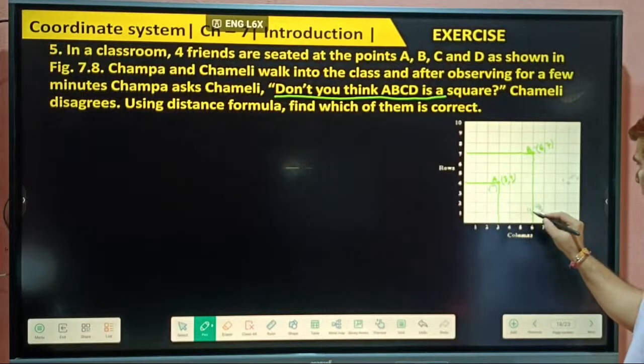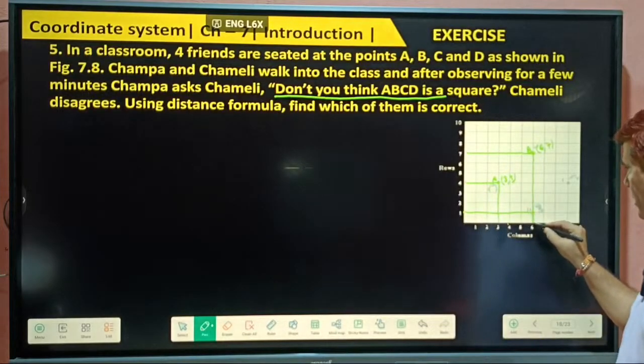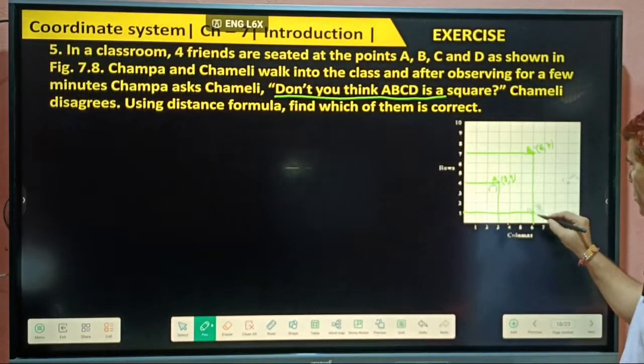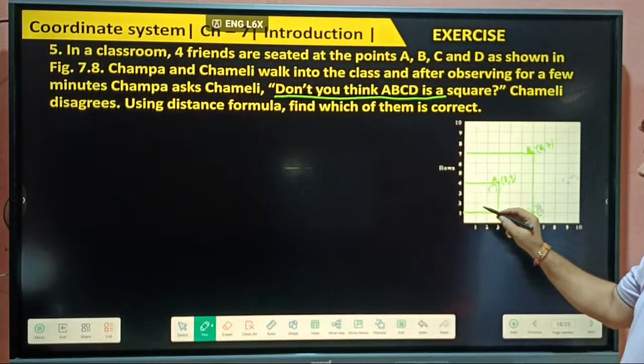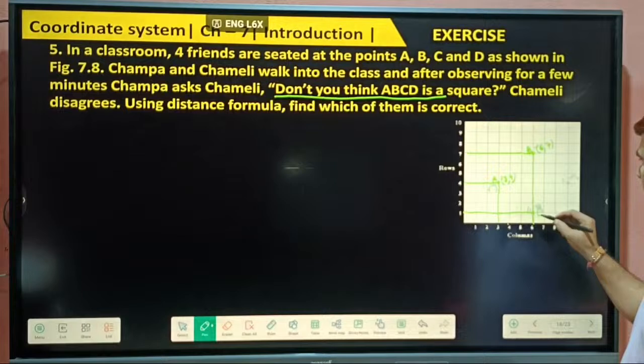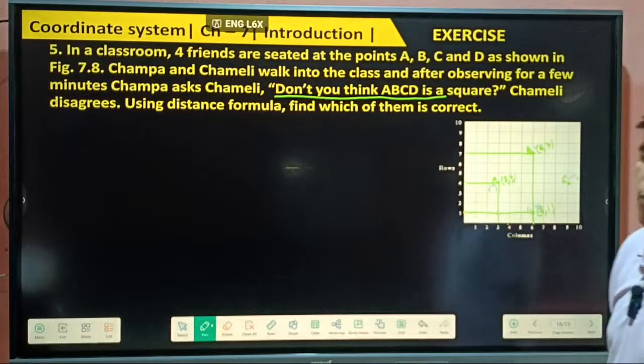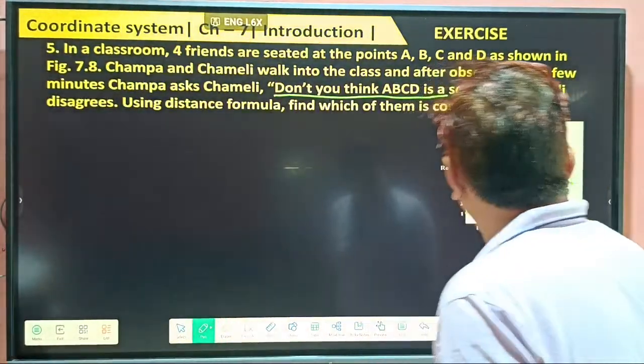One point is here, D. What's the x-coordinate? 1, 2, 3, 4, 5, 6. So x is 6, and y is 1. And one more point is here. What's the name of this point?